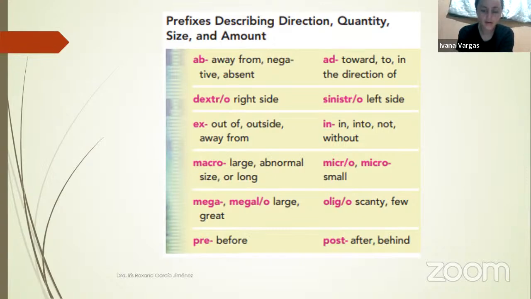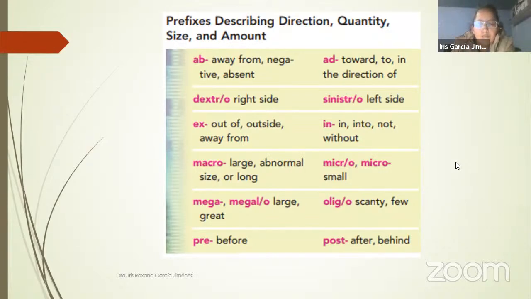Mega, megalo, large, great. Pre, before. Ad, toward, to, in the direction of. Sinistro, left side. In, into, not, without. Micro, small. Oligo, scanty, few. Post, after, behind. Thank you so much, Ivana.